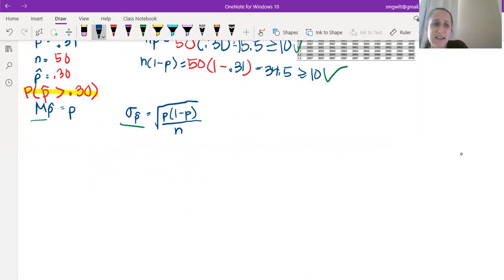Given that it is approximately normal, I now know that the mean of p hat is the same as the population proportion I was given, 0.31. And that the standard deviation is going to be equal to the square root of p, so 0.31, times 1 minus p, divided by my sample size of 50.